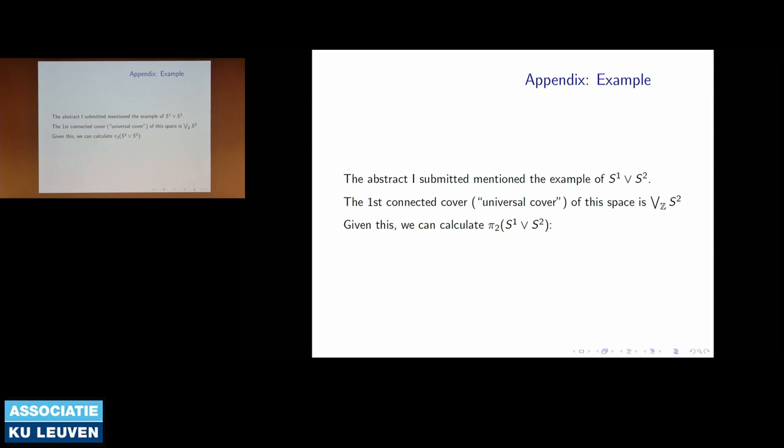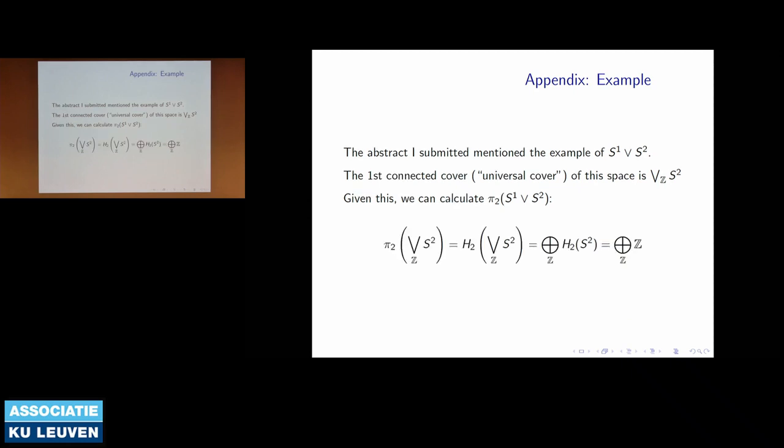Given this, we can calculate pi2 of S1 wedge S2 because by a previous fact, it's just going to be pi2 of the wedge of copies of S2, which, by the Hurewicz theorem, is going to be the second homology group of this space. And then this is this direct sum.